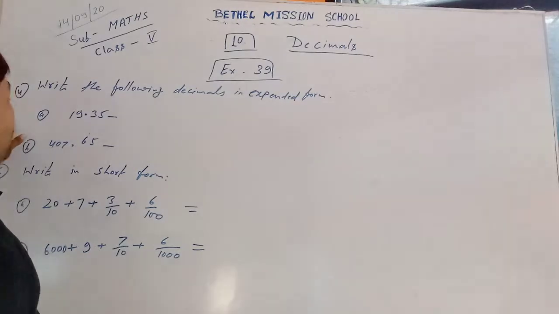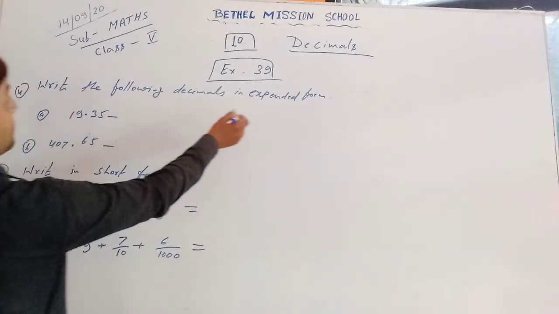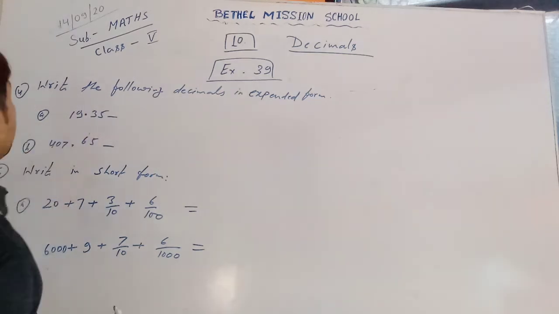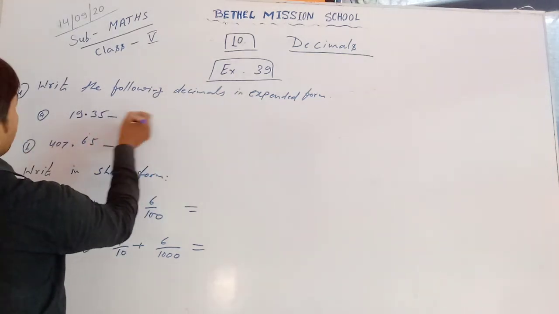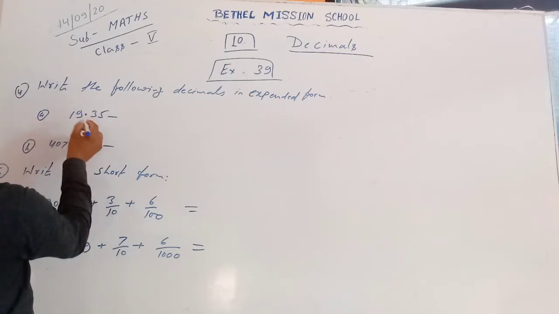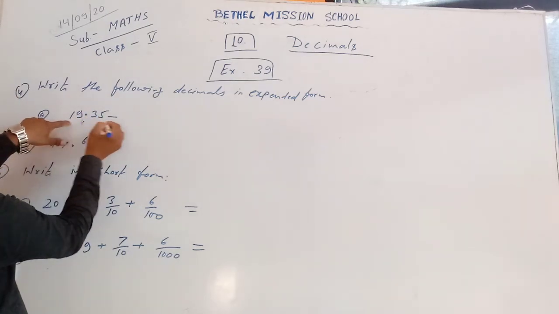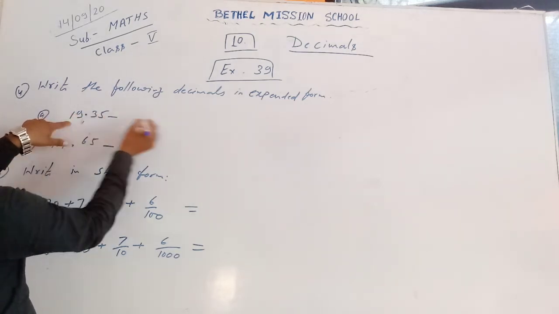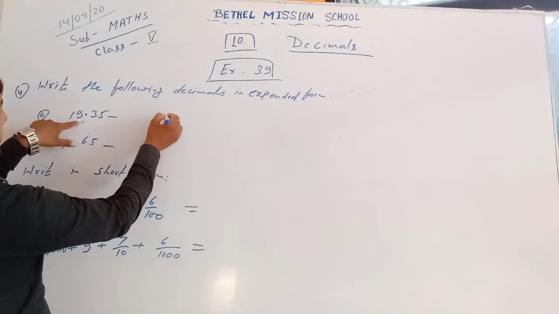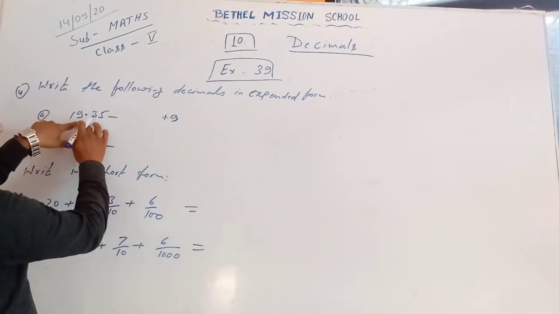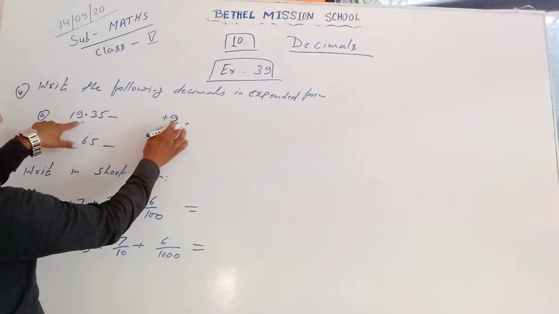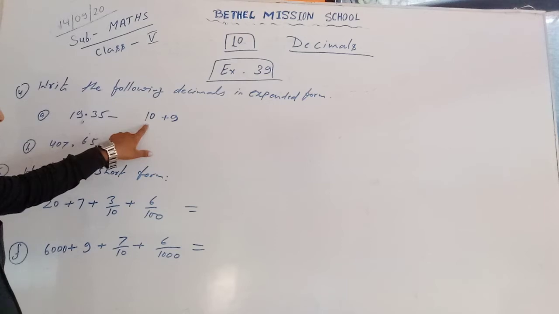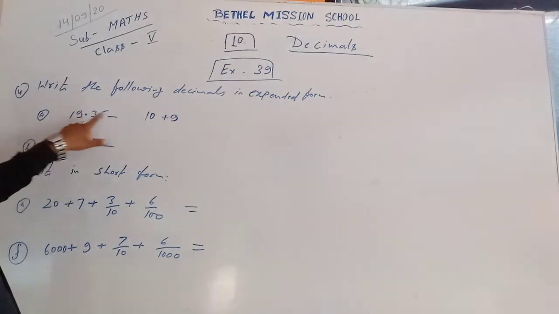Now I have taken question number 4: write the following decimals in expanded form. Here this is 9 and this is 1, which means 19. 9 is the ones digit, and 1 is in tens, so 10, and 9 ones, that is 9.